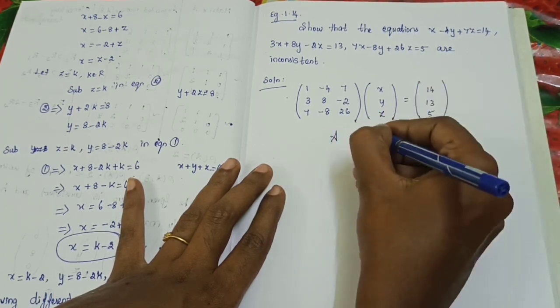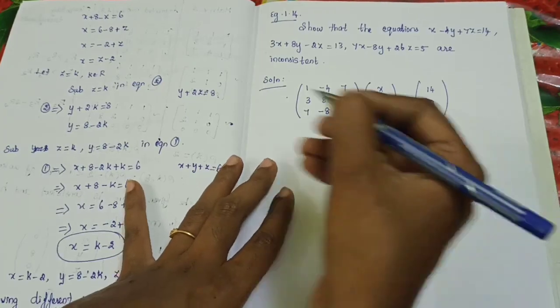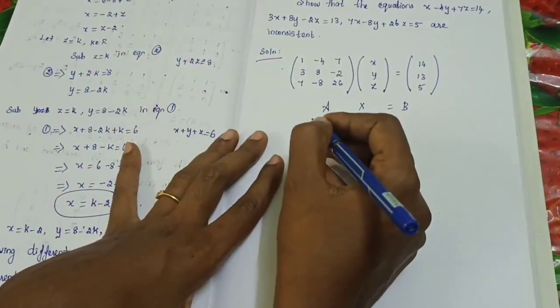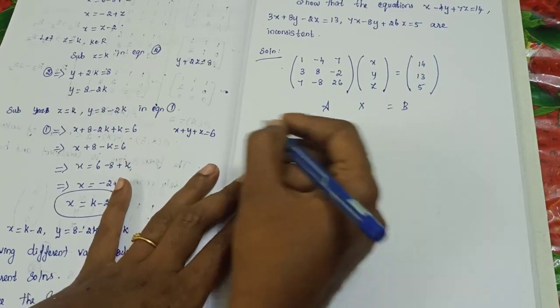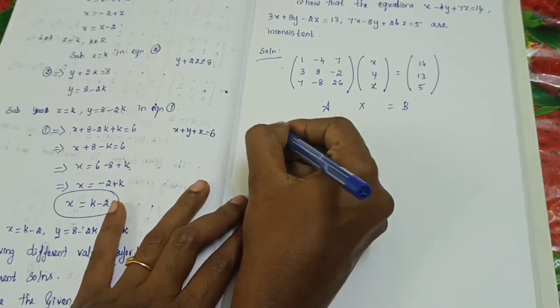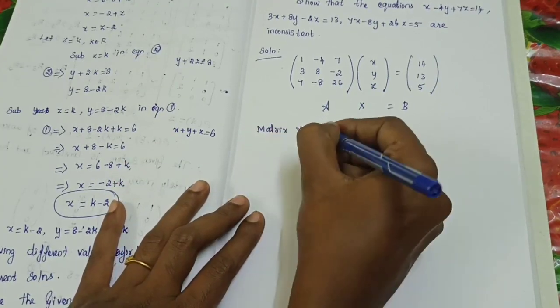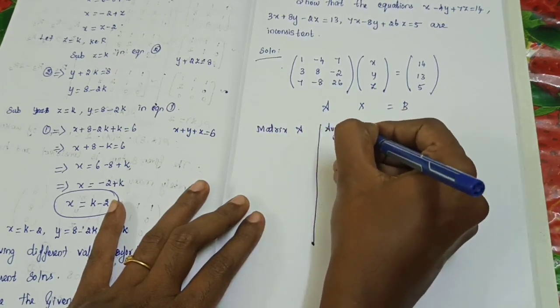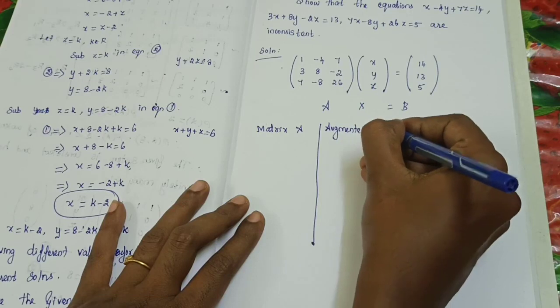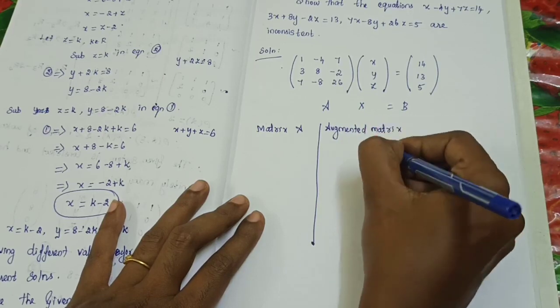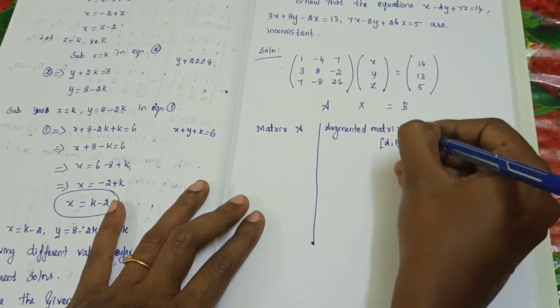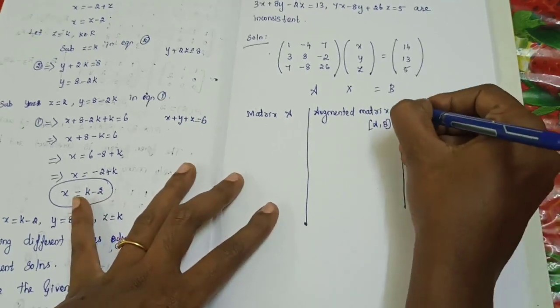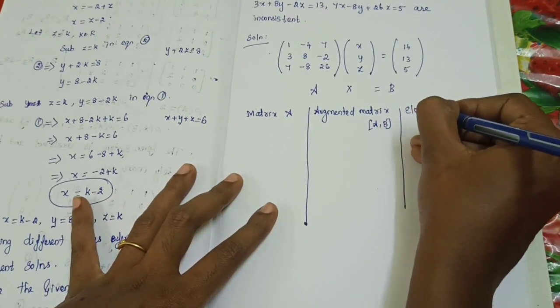It is in the form of Ax is equal to b. Okay. Now, matrix A, then next one is augmented matrix, next one is elementary transformation.